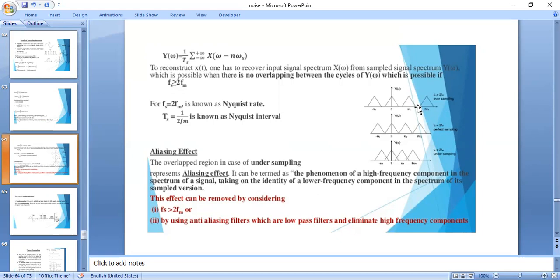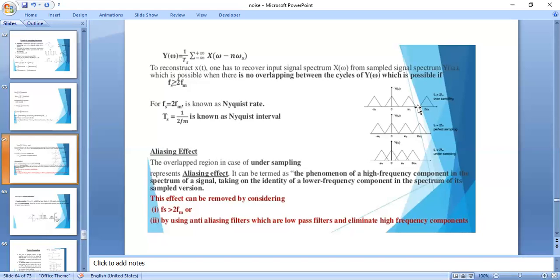If the sampling frequency is much less than 2 FM, you will get the aliasing effect, and this sampling is called undersampling. This aliasing effect can be removed by keeping Fs greater than 2 FM.